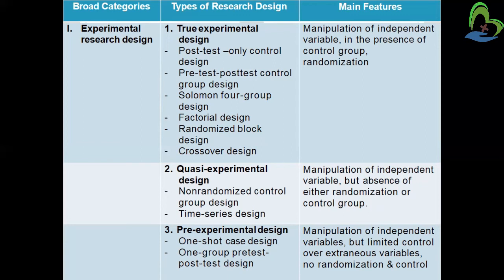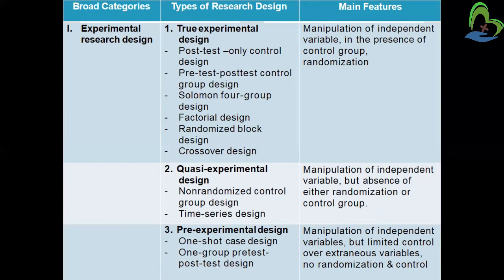The types are, first, the one-shot case design, in which a single experimental group is exposed to the treatment and observations are made after implementing the treatment. There is no random assignment of subjects to the experimental group and no control group.